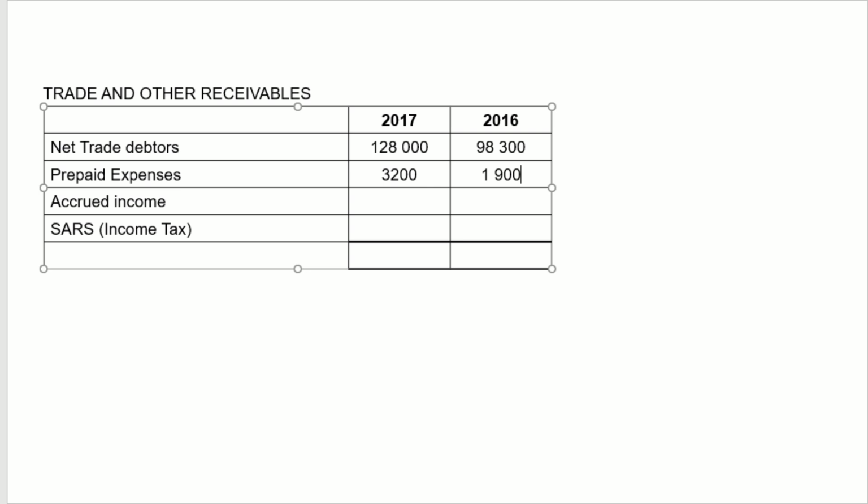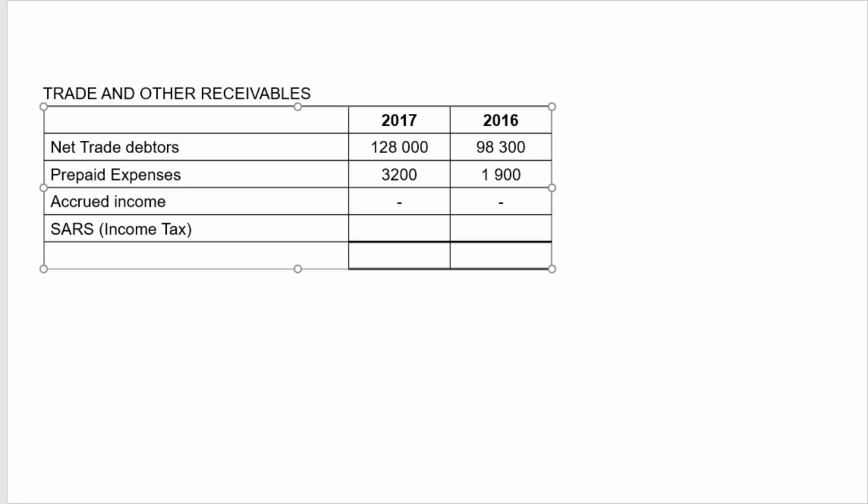All right. So now, anything else you can just put a dash on it, because we don't have anything else from our information that goes in the trade and other receivables.